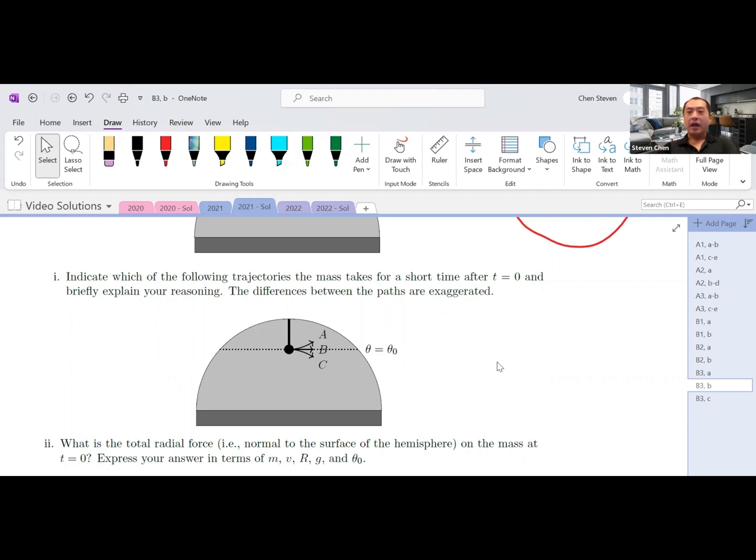So given that, I want to do the following analysis. I want to first assume that trajectory B is correct. That is, this particle is making a circular motion on the given latitude. And then I will see whether we could get consistent forces, or we cannot get the correct forces that will make it happen.